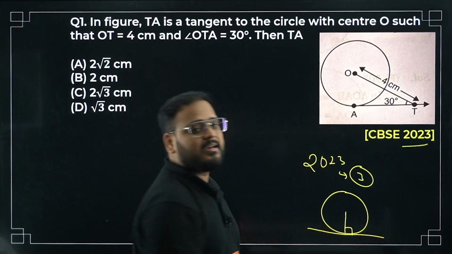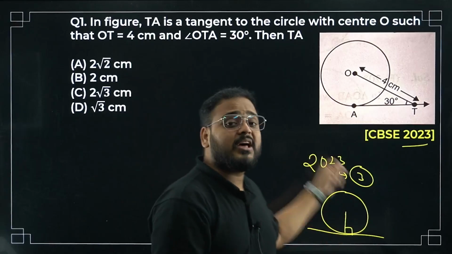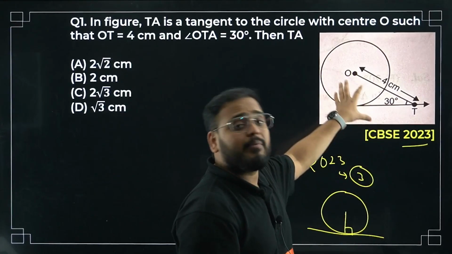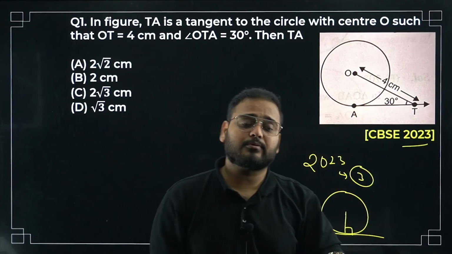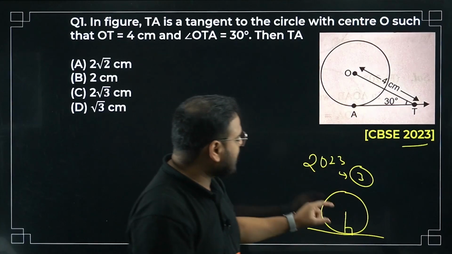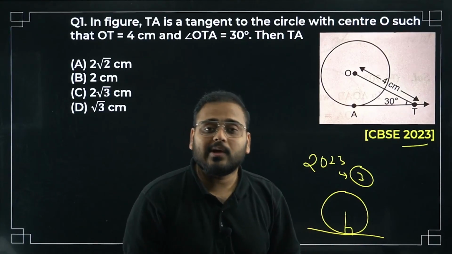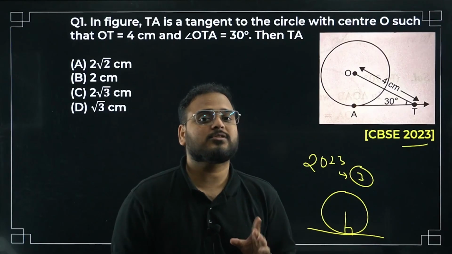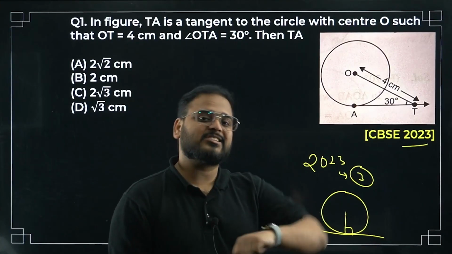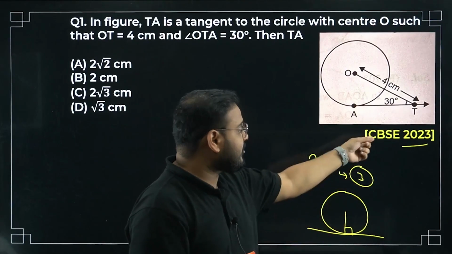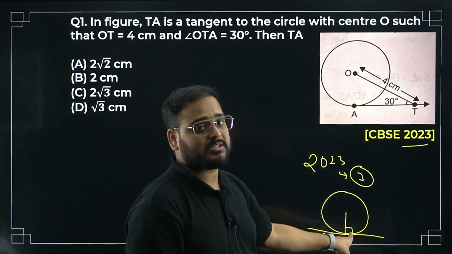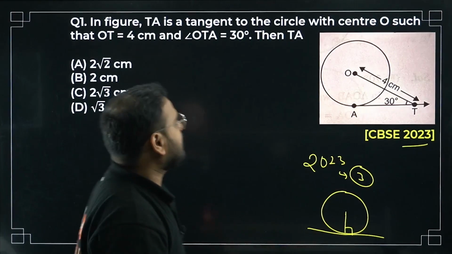On this property, that the radius and tangent are perpendicular to each other, they have asked questions based upon this concept at least 3 times in 2023 only. This concept becomes very, very vital for you going into the examination, solving an MCQ on circles. I'm telling you, go ahead, check your previous year question papers. In 2023, they have asked 3 questions based upon the same concept. Clear? Okay, sir, let's solve this question now.